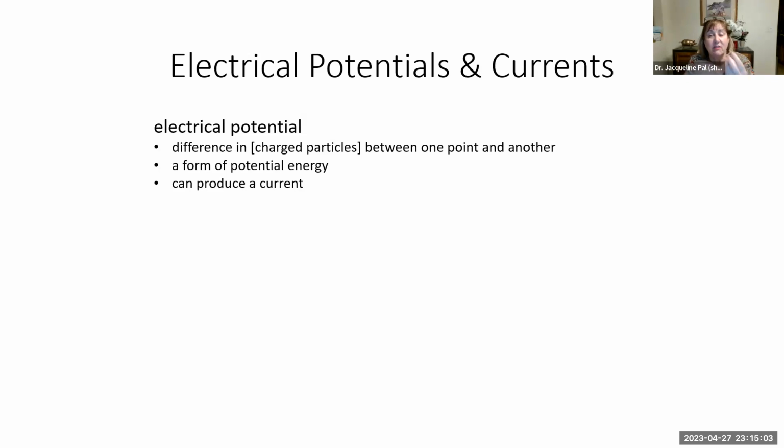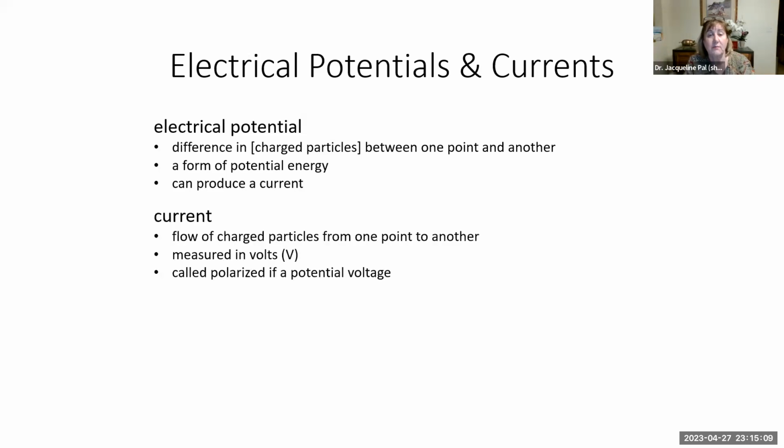This potential energy can become kinetic energy and produce a current. And all a current is then is the flow of these charged particles going from point A to point B. And we measure that in volts. You're used to the word volts when you're talking about your electrical power lines going into your house or the voltage of a certain appliance. Well, in the body, we're really talking about millivolts.